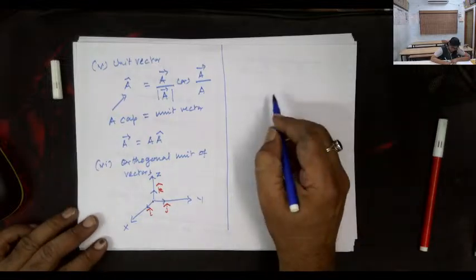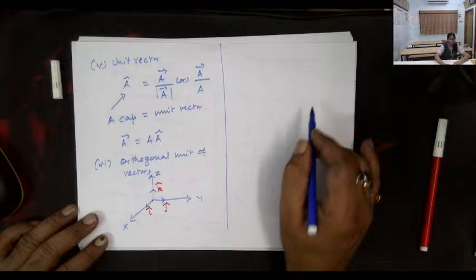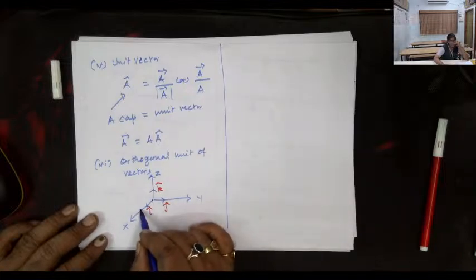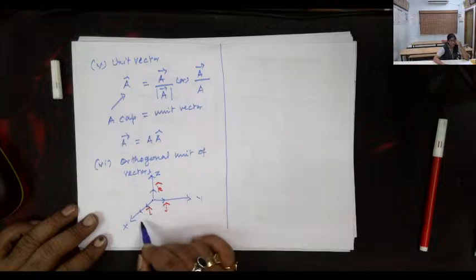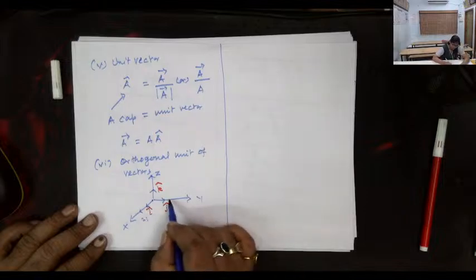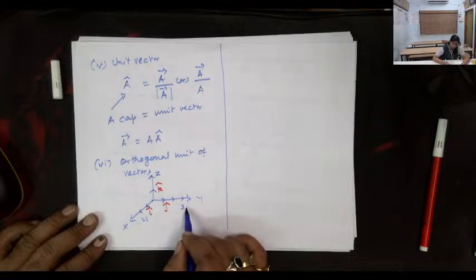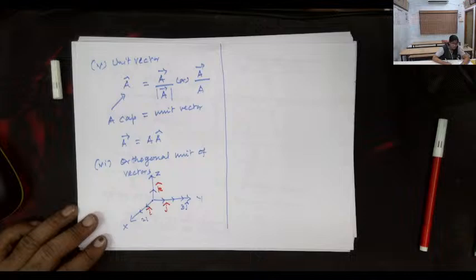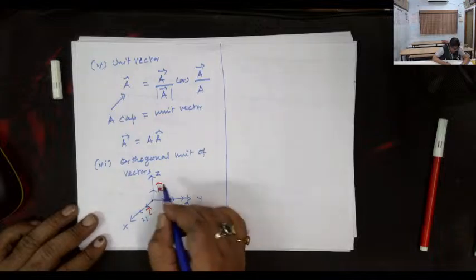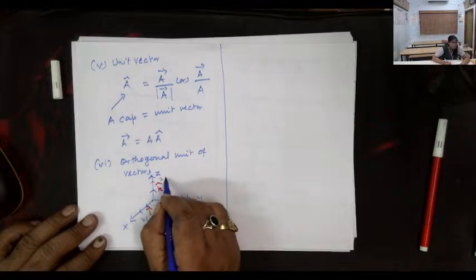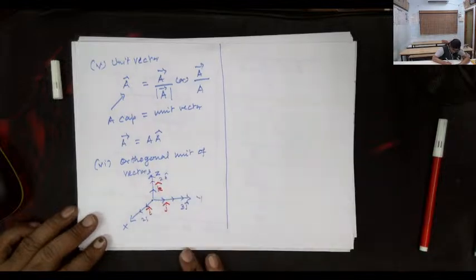For example, this is I, and here this is 2I, here it is 3J. I hope now you should be able to understand. And this is K, and this one is 2K cap. Okay.